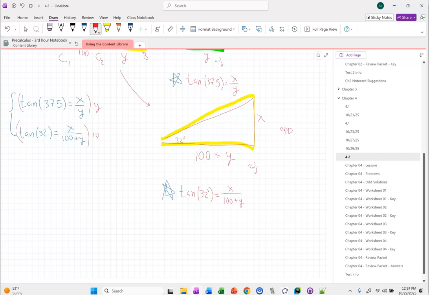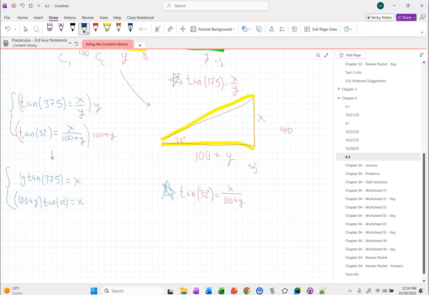In the second equation, I would multiply both sides by 100 plus y. Notice no more fractions now, right?